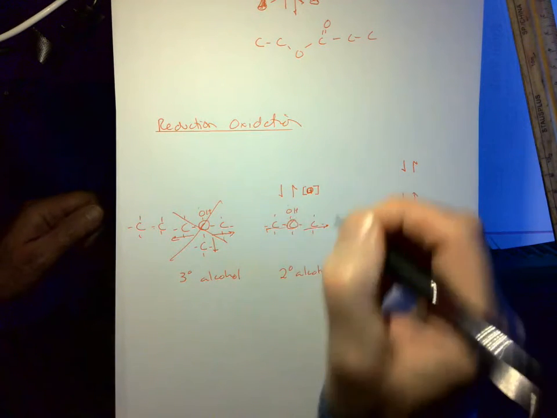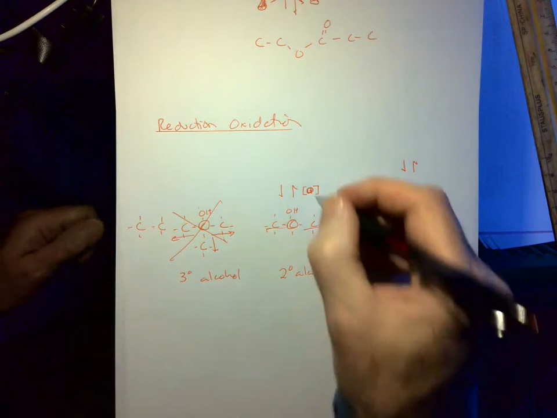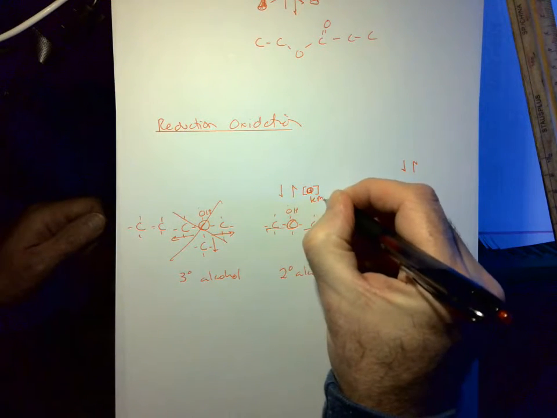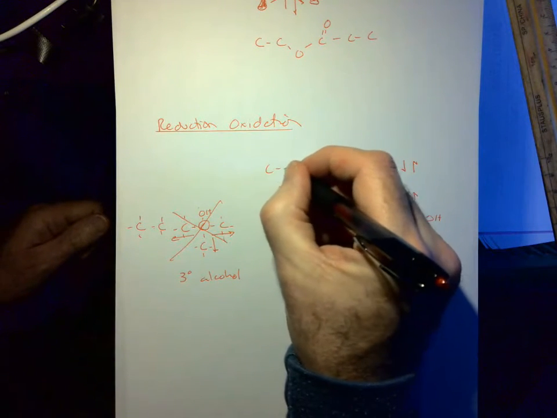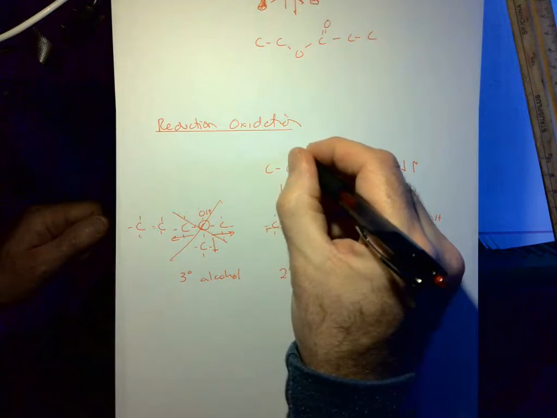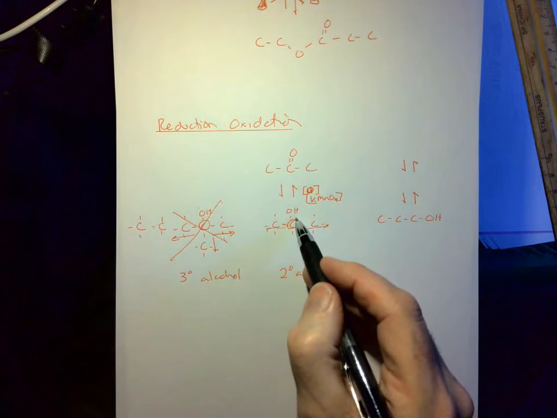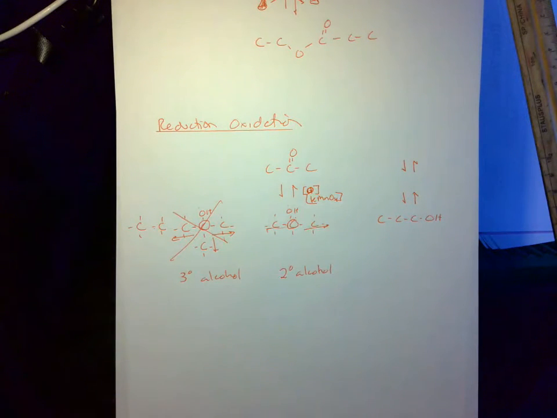If we put this through an oxidation reaction, which is an O in brackets or KMnO4 in brackets, what that means is we're adding more bonds to the O. So there was 1 bond to the O there, now there are 2.